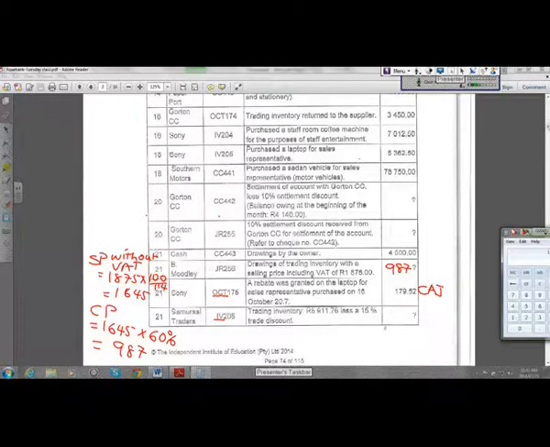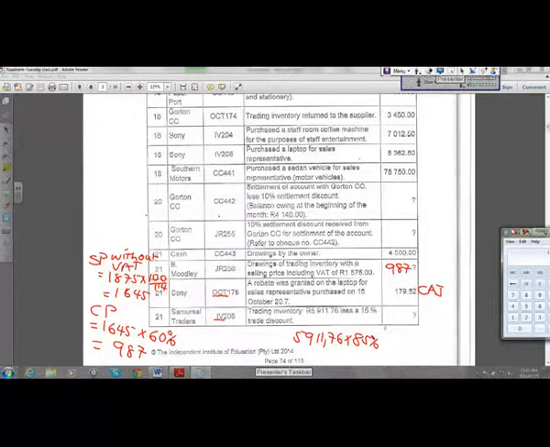So all that you do here is you say 5911.676 times 85%. All right? So if it's 10%, you just say 100% minus 10%, you'll have 90%. This time we've got 15%, so we just say 100 minus 15, and it gives us 85%.